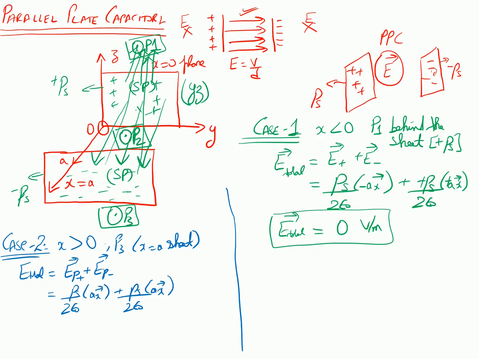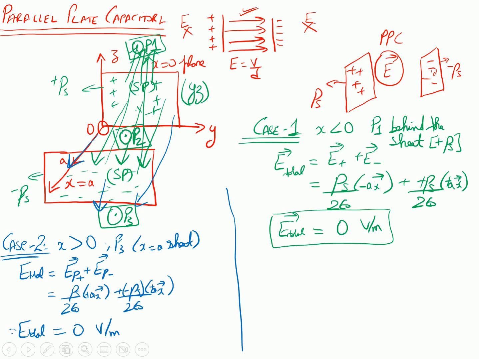Since the sheet is moving from 0 towards a and it is going beyond that, this will remain positive and this will remain positive because both the sources are now pointing towards this. So this sheet is pointing towards this point and this sheet is also pointing toward this point. So the equation will be as such. In this case, our value for rho of s, don't forget this is a negative sign, so it comes out to be 0 again, volts per meter. Again the sheet was lying outside the field, so the electric field is 0.